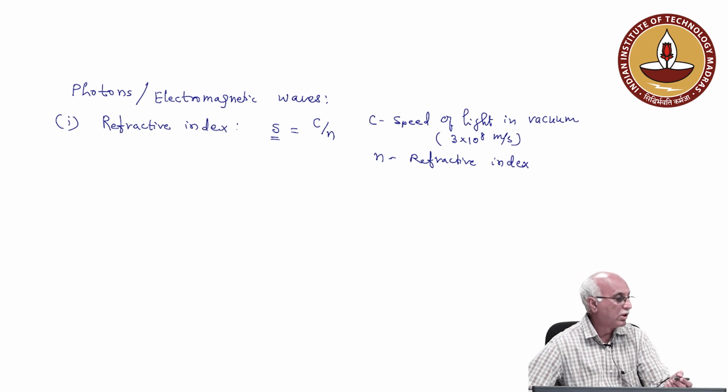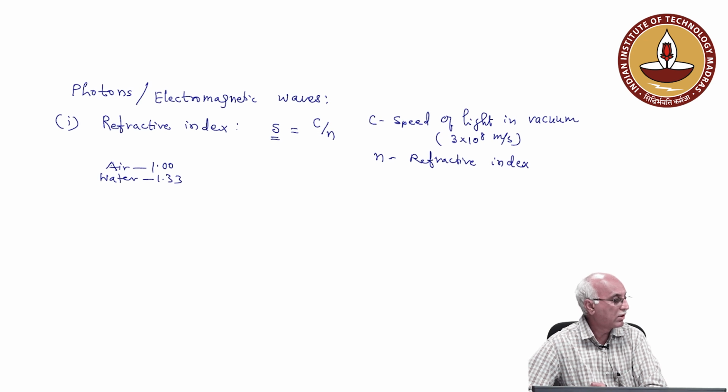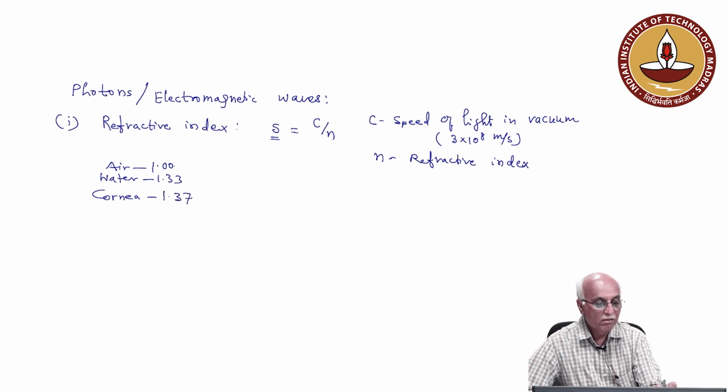For some of these tissue materials, of course, air we consider refractive index as 1, and water is 1.33, etc. If it is cornea, I am just giving you some typical values based on the available literature, maybe 1.376, a small variation.